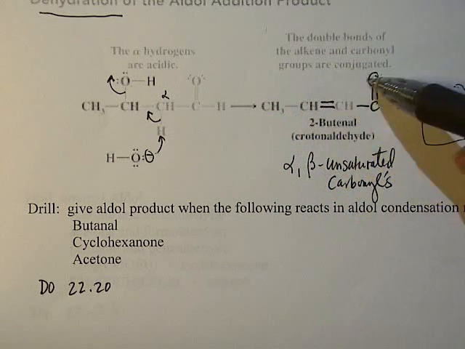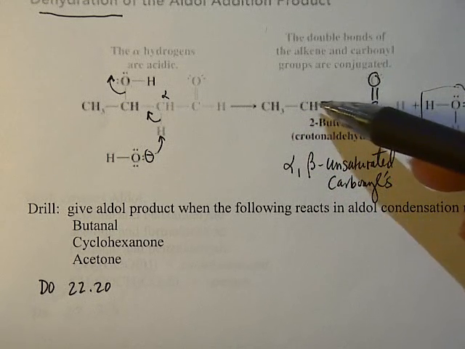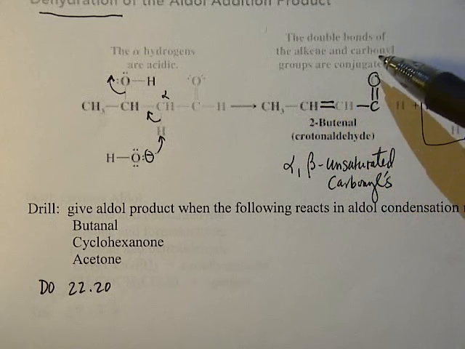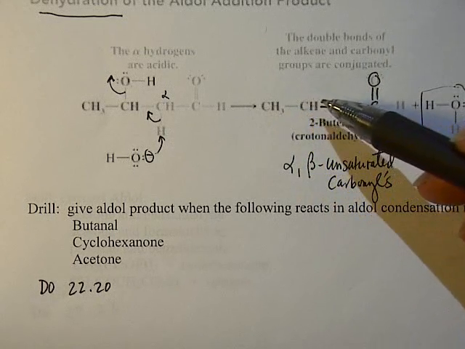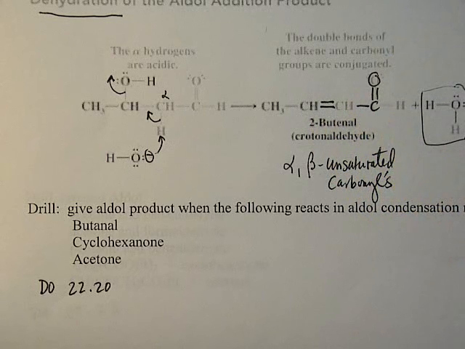So if the two big groups are in the trans, that's going to be a lot more stable because of less steric hindrance than if they're cis to each other. So with a bigger R group, you tend to only find products in which the double bond is in trans form, not cis form.